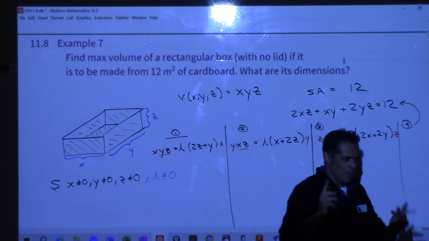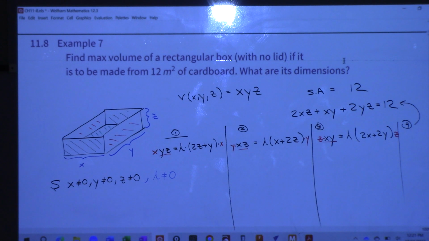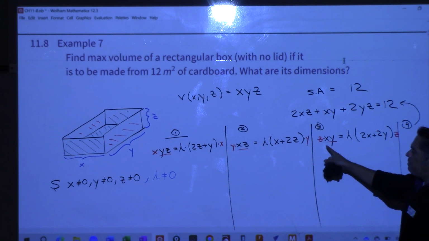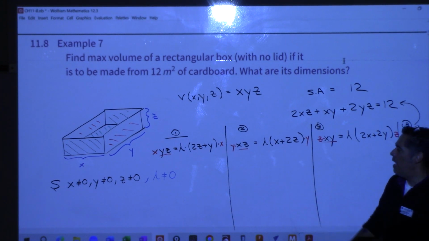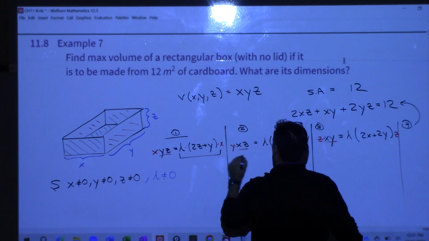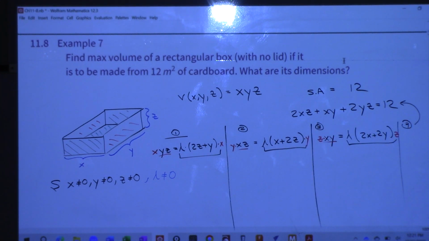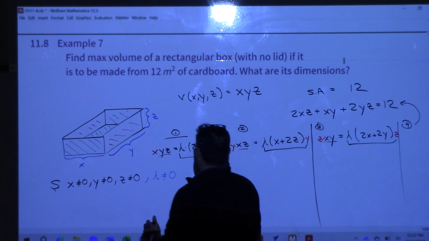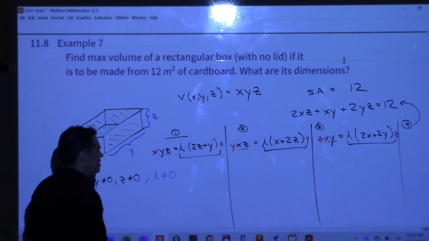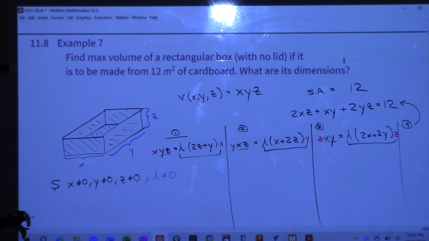So I can multiply both sides by x and y and z. It's not going to be illegal. So if I do that, do you all see that the left sides of all of these are the same? And now I can set this equal to this, right? And I can also set that equal to this. Okay. So I'm kind of skipping some steps here just for time's sake.